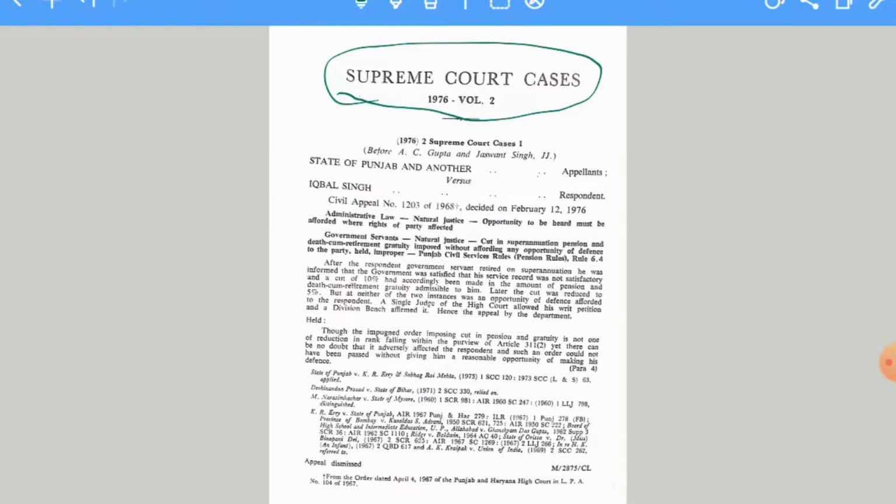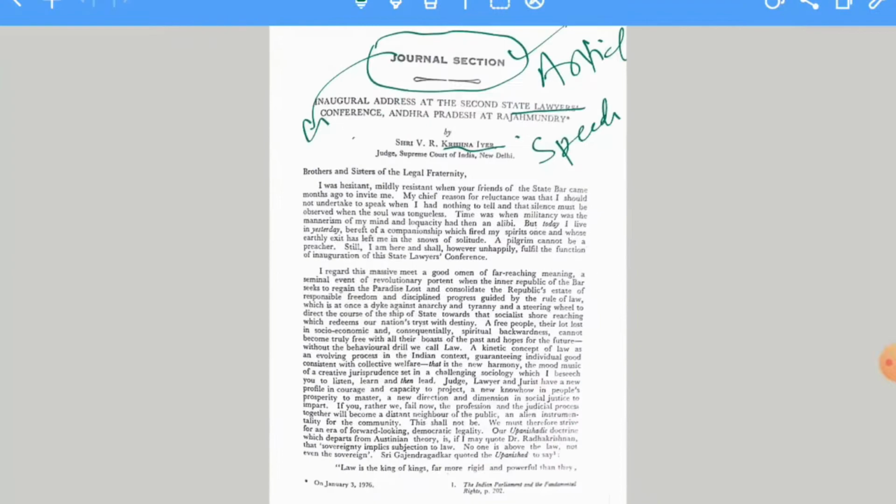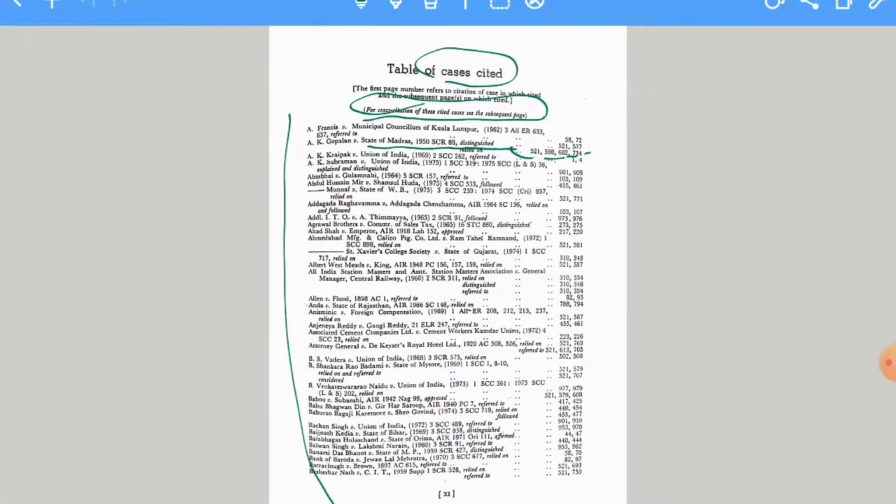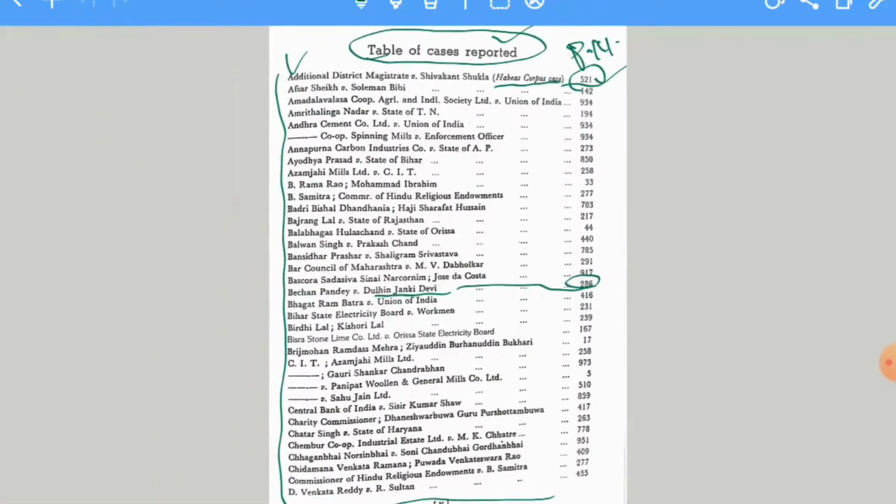Here the cases which were cited first, page number wise, will come first. As you had seen, I am going to show you. The first case in the table of cases reported was ADM Jabalpur, because it started with ADM, but the case has been reported on page number 521.